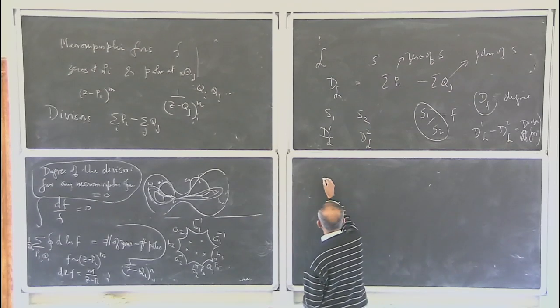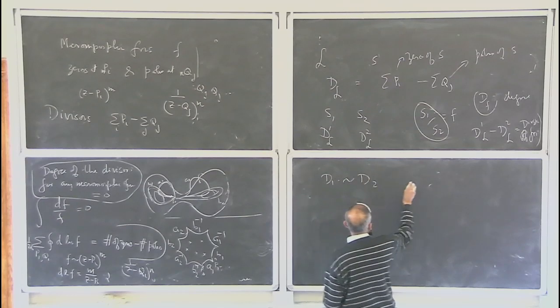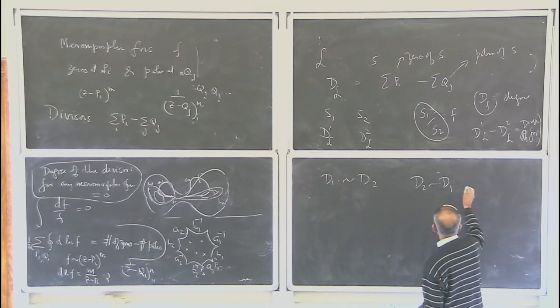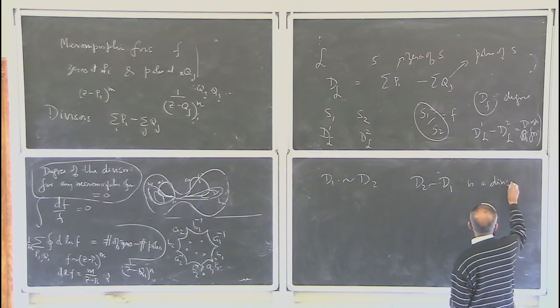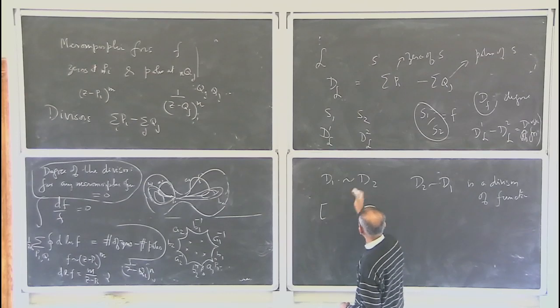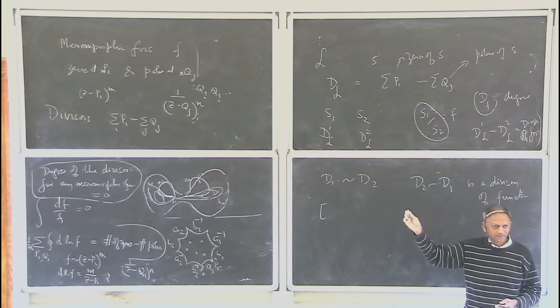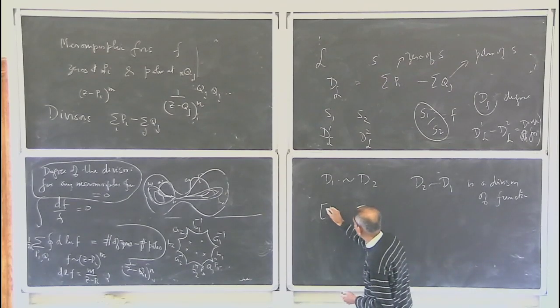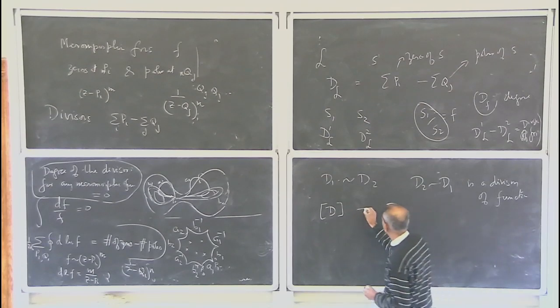So you say two divisors are identified if D2 minus D1 is a divisor of a meromorphic function. What you do is you take the set of all divisors and quotient by this equivalence relation, and that you call a divisor class.